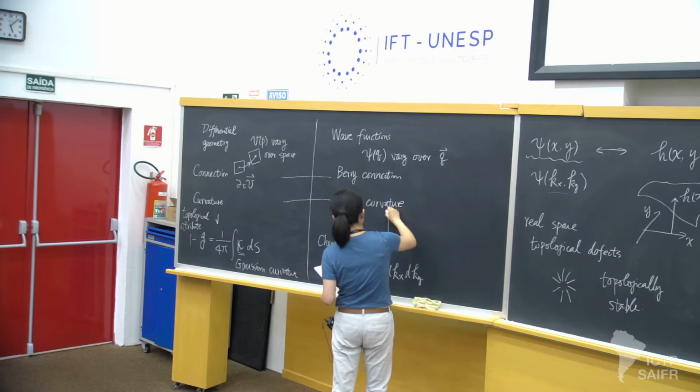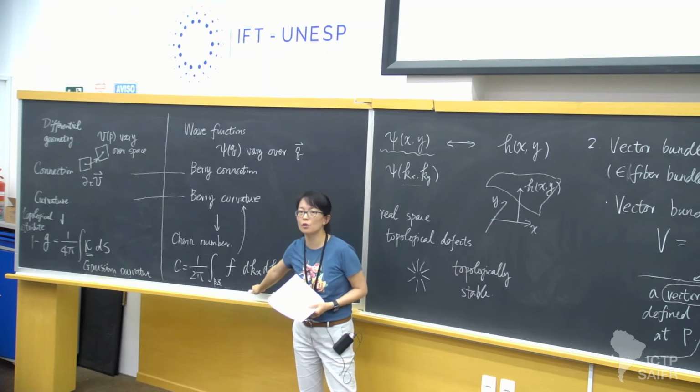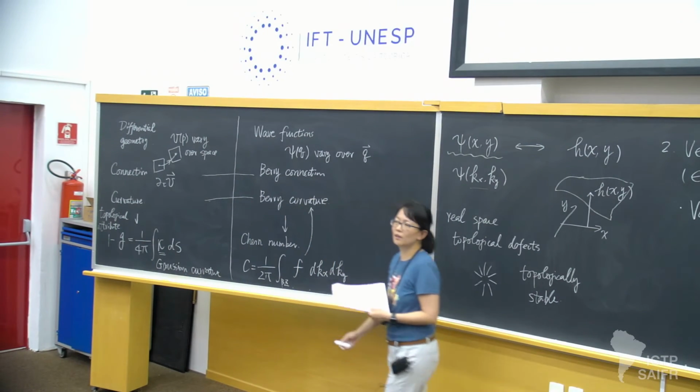So this F is the Berry curvature, okay? And you can show that this must also be an integer. It's very similar to what you have here, okay?